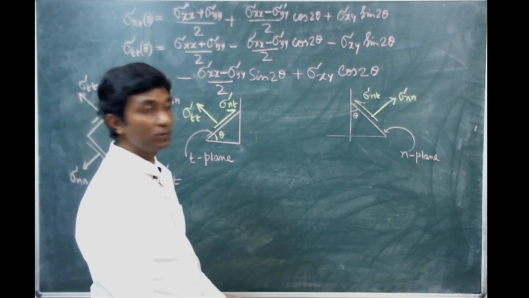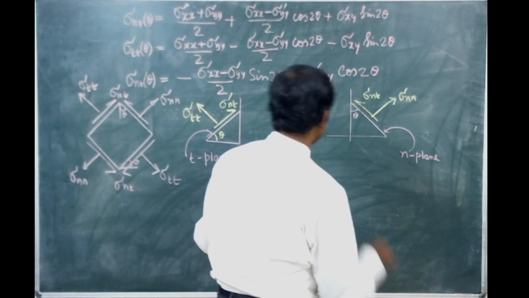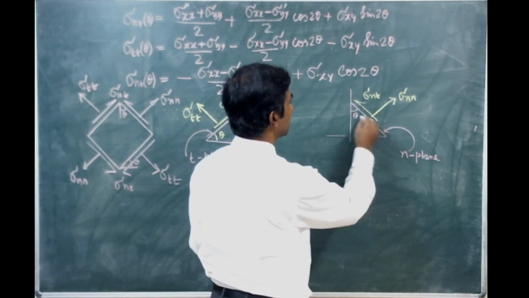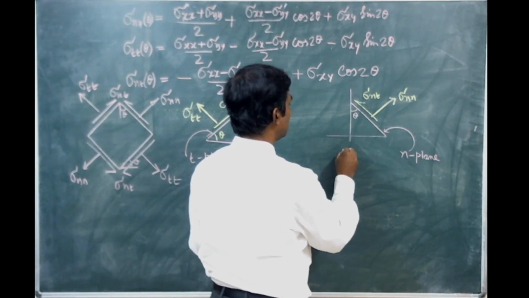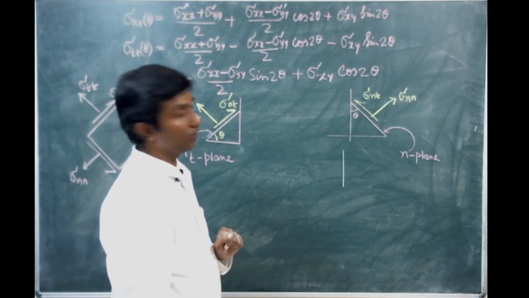Theta becomes 0. So that means we get a configuration like that. This orientation will become straight, right? This is the configuration when theta is 0.